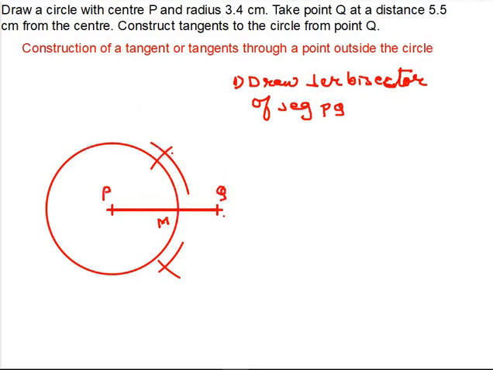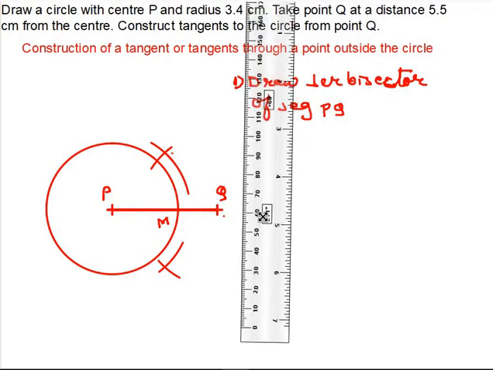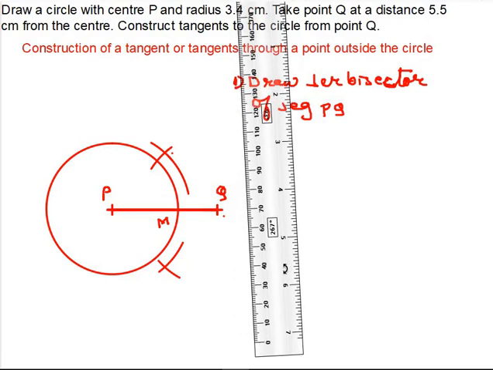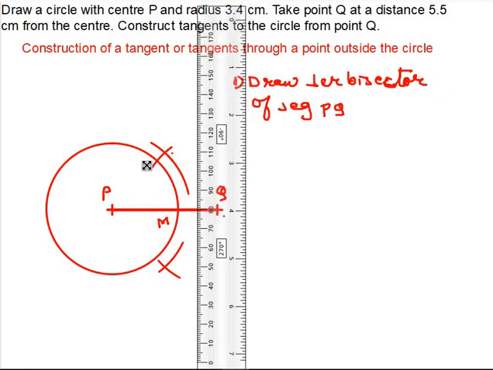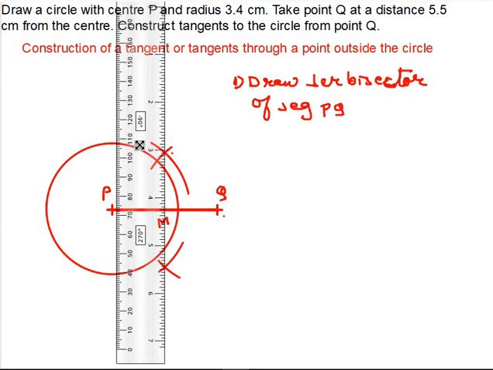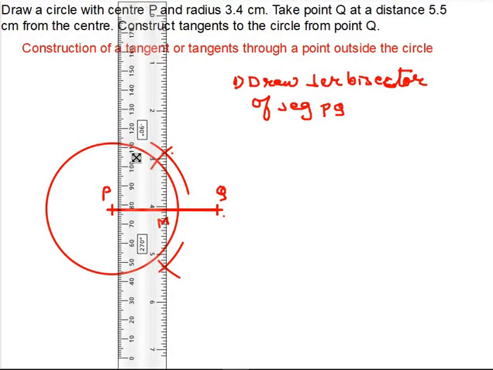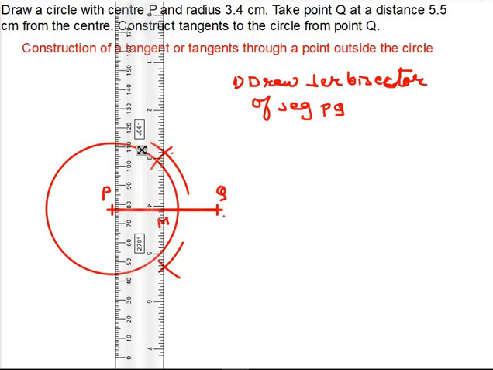Now join these two arcs, and you will see that this bisector will pass through these two points.